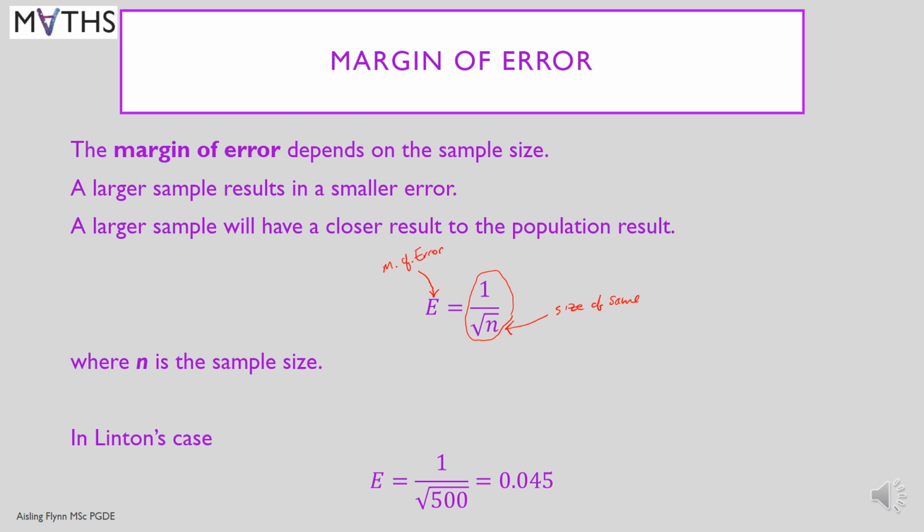If you want to relate that to percentages, multiply by 100 and you get 4.5%. So the result from the 500 people in the sample we expect might be out by 4.5% from the true value. So the true value could lie up to 4.5% above our result from the sample or below.